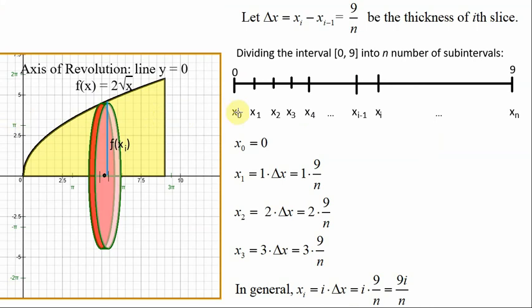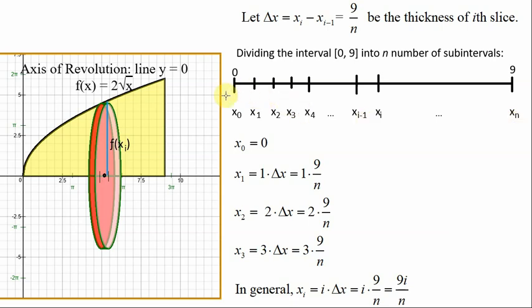What I want to do next is divide the interval from 0 to 9 into n sub-intervals. Let's call the values x sub 0, x sub 1, x sub 2, x sub 3, x sub 4, and eventually we'll get to x sub i minus 1, then x sub i, and all the way over to 9, which is x sub n.